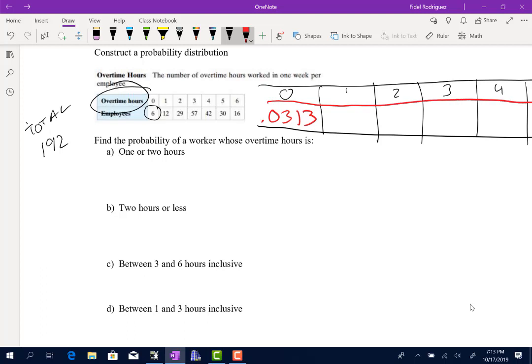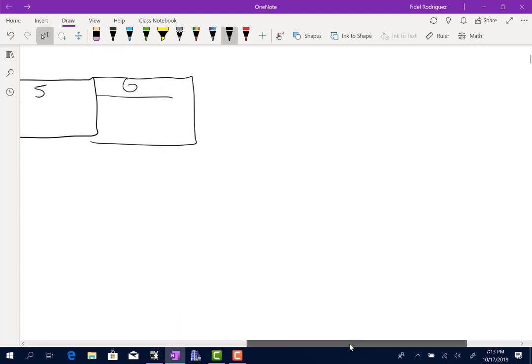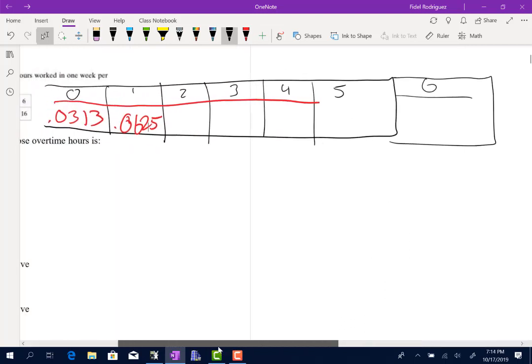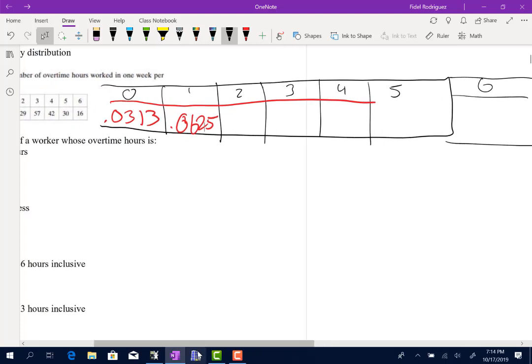Okay, guys, we're going to do the same thing for the rest. Can somebody do me a favor? What is 12 divided by 192? Let's go again, 4 decimal places. I'll give you a hint: point something. 0.0625. Okay. What's the next one we're going to divide out? 29 over 192.